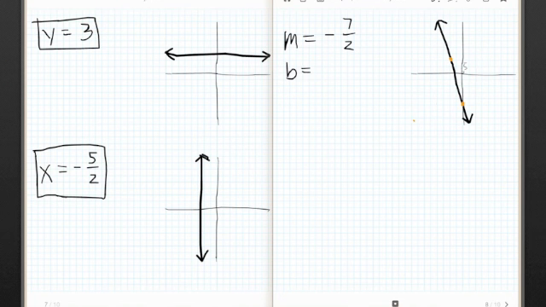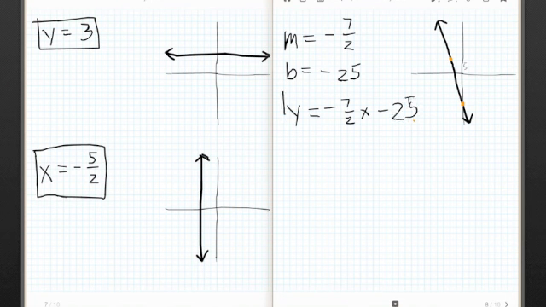The y-intercept, this is where the interval matters. Since we're counting by 5s, each little grid line counts as 5. So negative 5, negative 10, negative 15, negative 20, negative 25. So the equation is going to be y equals negative 7 over 2x minus 25.